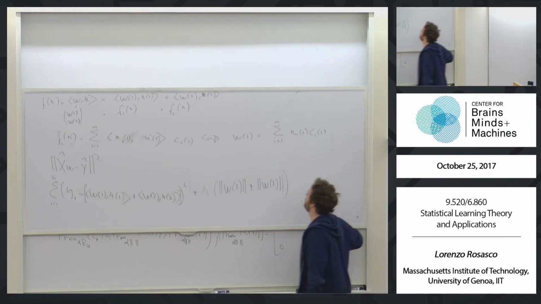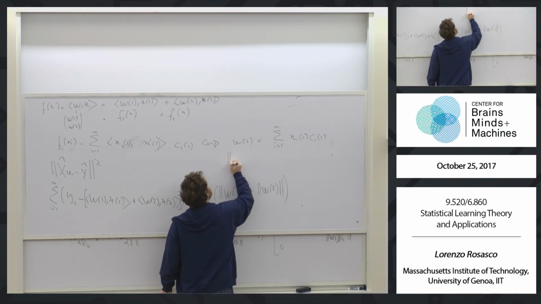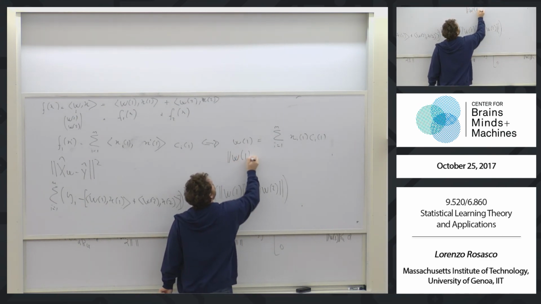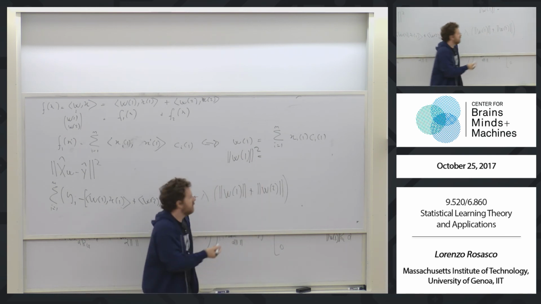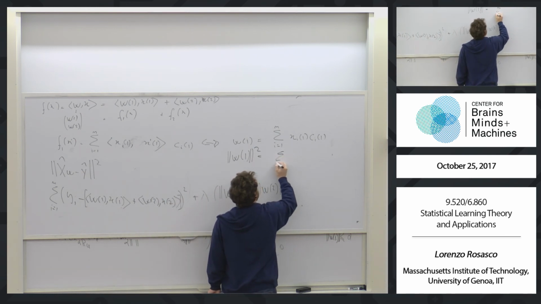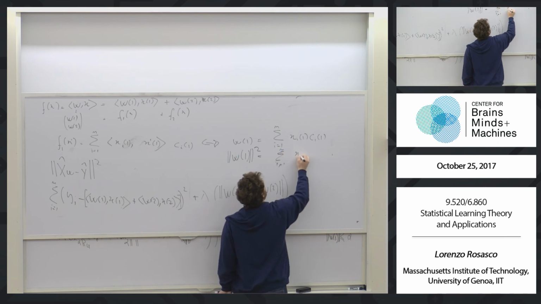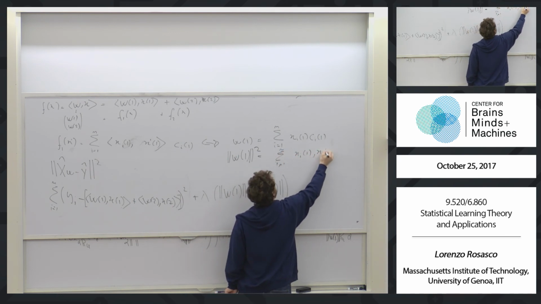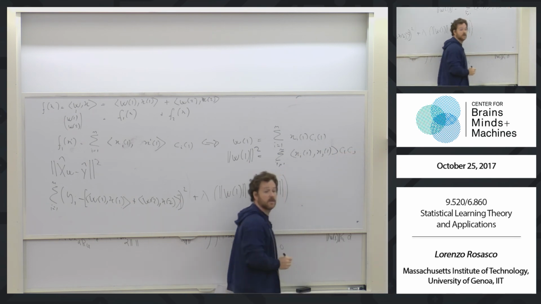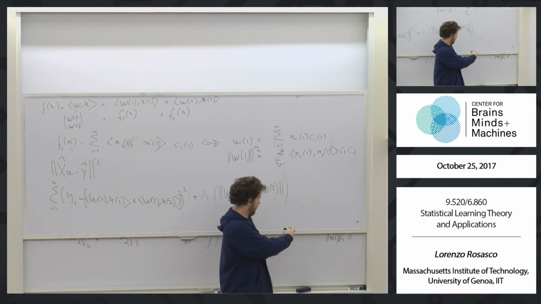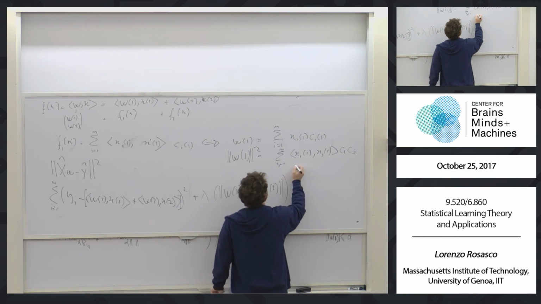Which means that if I give you this, how much is norm W squared? Well, it's just the sum over i, j of x_i1 x_j1 c_i c_j.